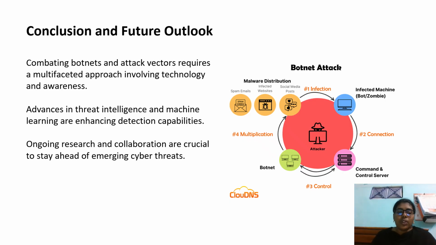Conclusion and future outlook: combating botnets and attack vectors requires a multifaceted approach involving technology and awareness, advancing threat intelligence and machine learning, and enhancing detection capabilities. Ongoing research and collaboration are crucial to stay ahead of emerging threats.